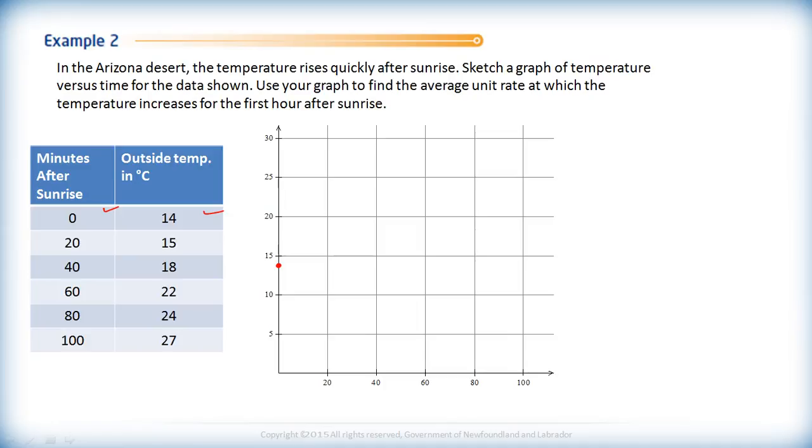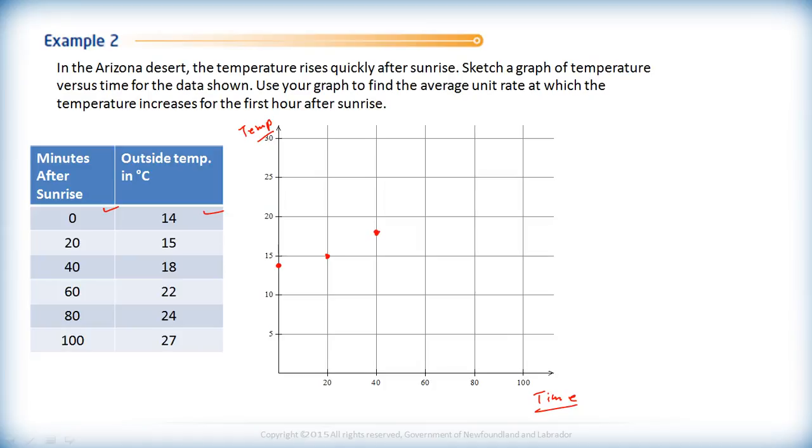So we've got temperature on this axis, and that's going to be in degrees Celsius. And then over here we've got time, which is in minutes. The next point says we've got 20 minutes later, we're at 15 degrees. So that's about right here. And then another 20 minutes later, we're at 18 degrees. So we're going to estimate somewhere in that range.